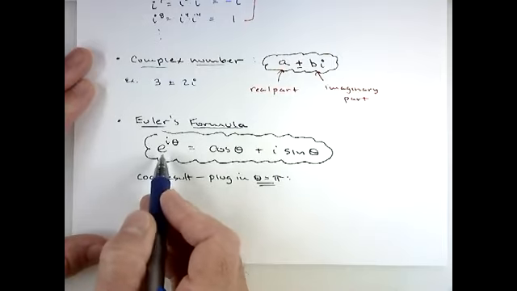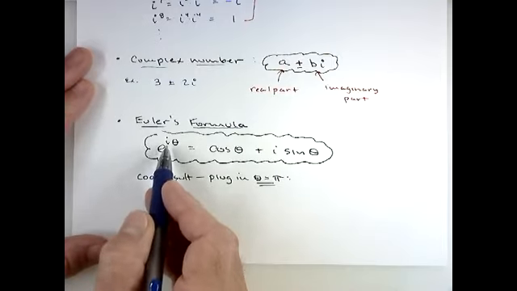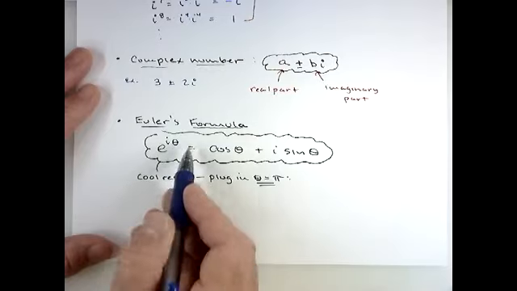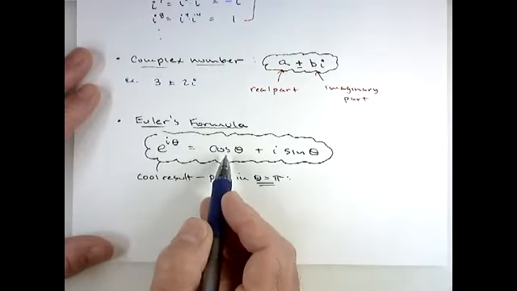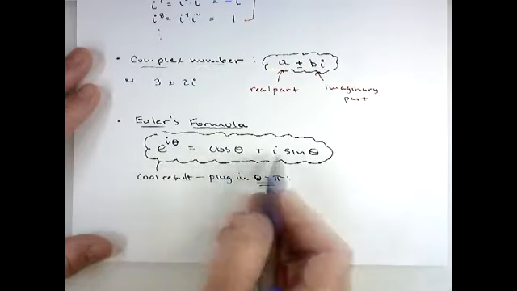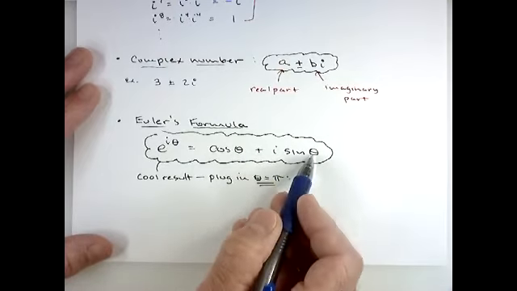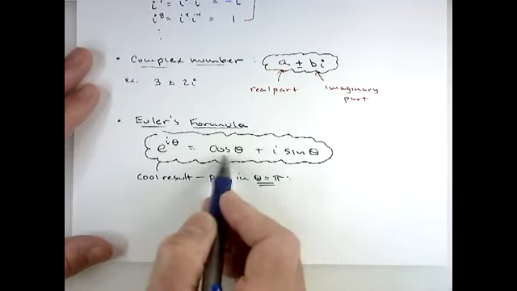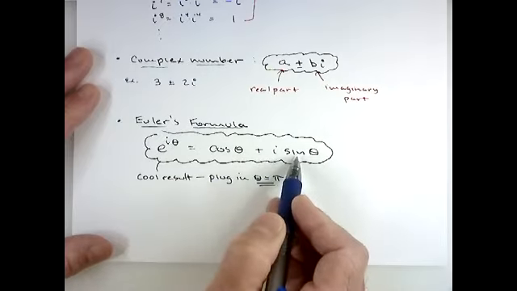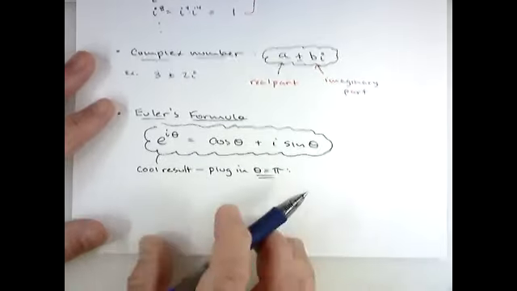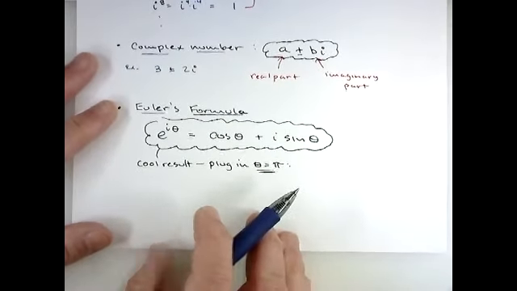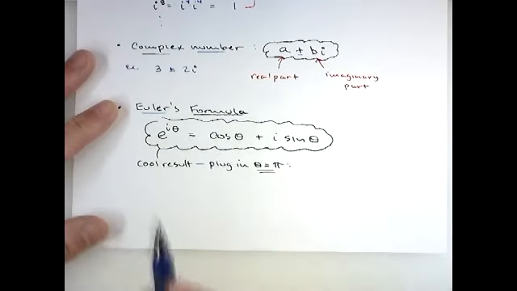What it says is if you raise the number e to the i times theta, maybe it's some angle, that it equals the cosine of theta plus i times the sine of theta. In other words, this can be written as a complex number, right? This is a real number, that's an imaginary part. There's a whole story behind that. If you're curious, you could look it up. It's not that important that you understand how this formula is derived.